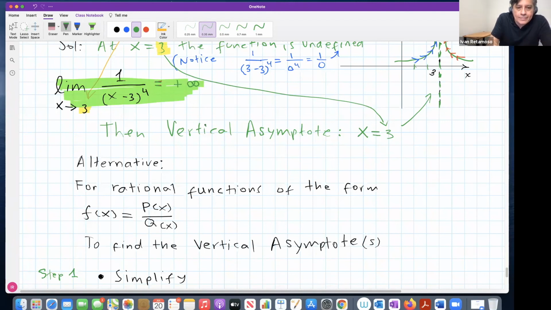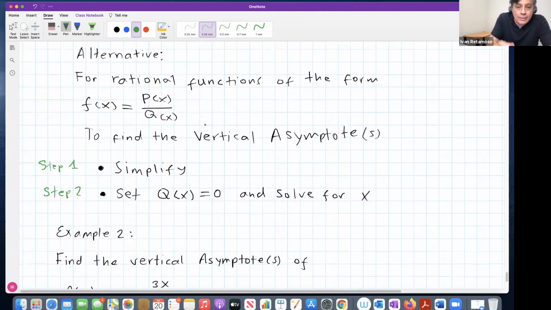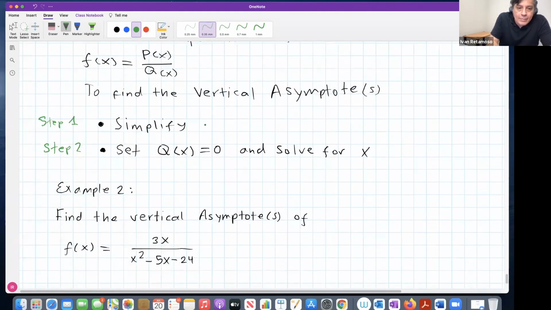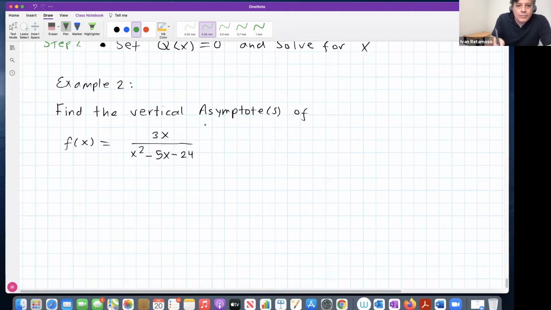So it's like a nice alternative in case it's too complicated for you to think of limits to find the vertical asymptote. Here is an example before going over the worksheets, which is going to help you also in your homework. Find the vertical asymptote or asymptotes of this rational function, 3x over x squared minus 5x minus 24.